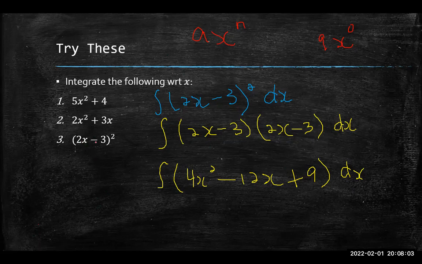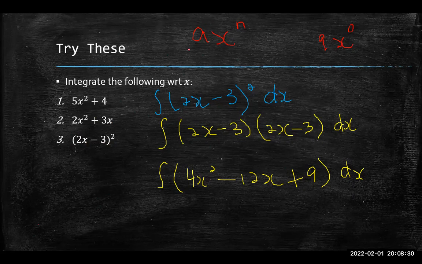They require me to integrate (2x - 3) squared. There is a rule that I would show you later on that you can actually apply when the expressions are in this form. But for now, we're dealing with the basics. What are the basics? I must have my expression in this form in order to integrate.